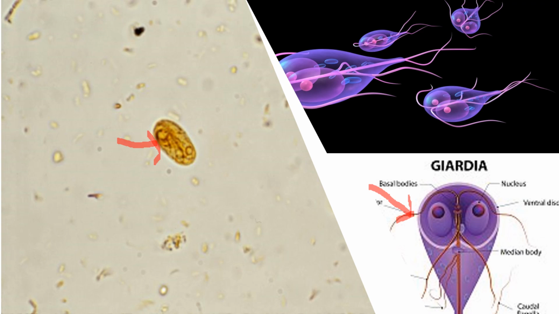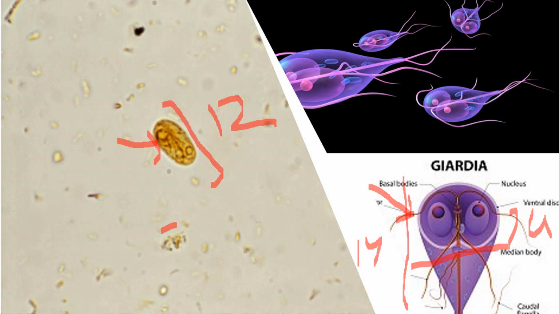If we cut it longitudinally, it shows bilateral symmetry. The trophozoite of Giardia is approximately 14 μm in length and 7 μm in width. Whereas the cyst of this Giardia is approximately 12 μm in length and 7 μm in width.